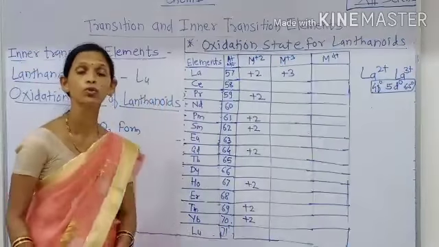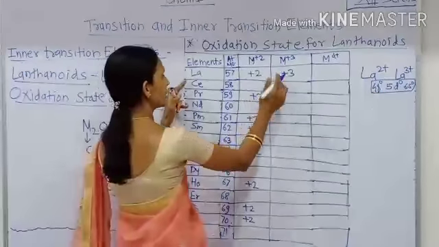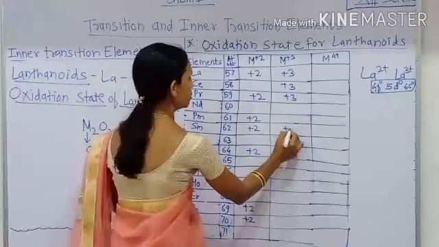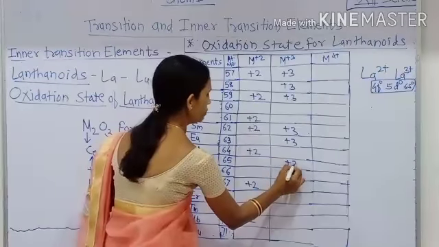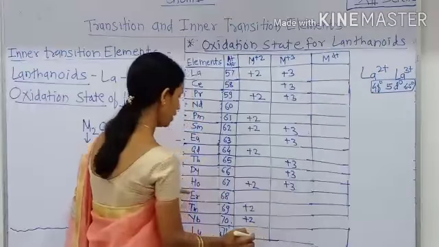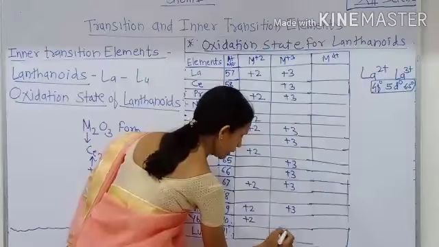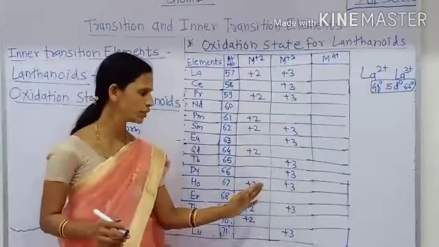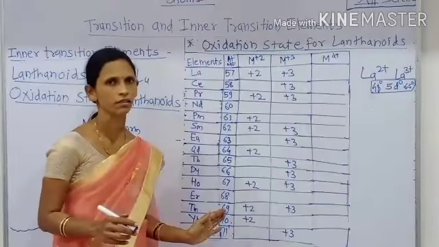Similarly, the +3 oxidation state is shown by lanthanum, cerium, praseodymium, samarium, europium, terbium, dysprosium, holmium, thulium and lutetium. That is the +3 and +2 common oxidation states generally shown by all these elements.